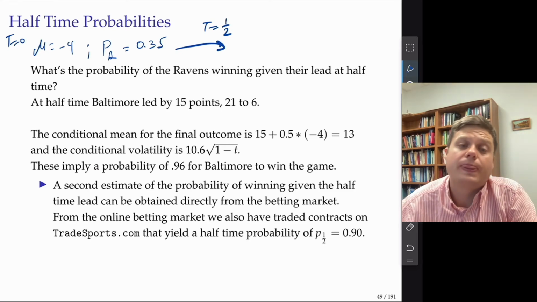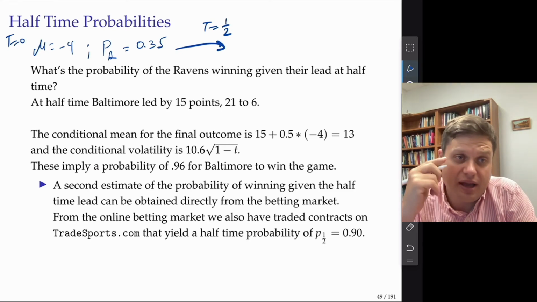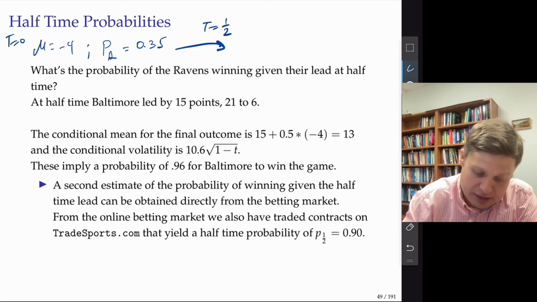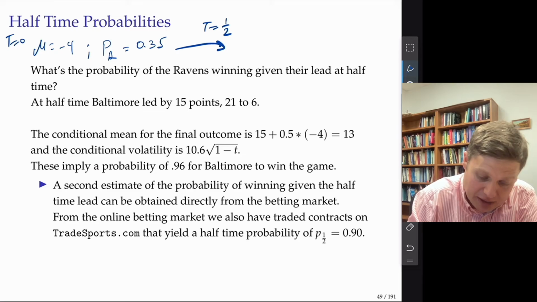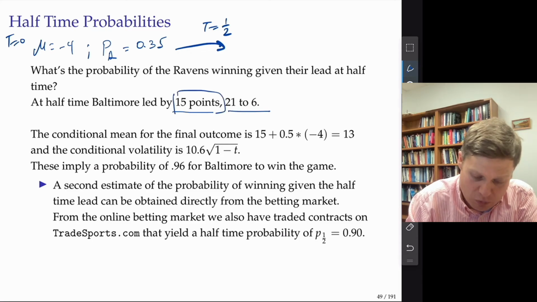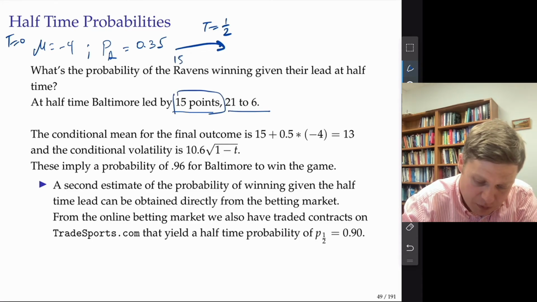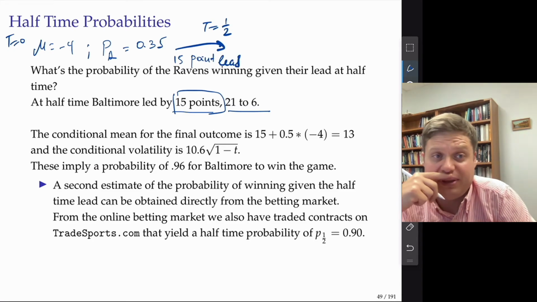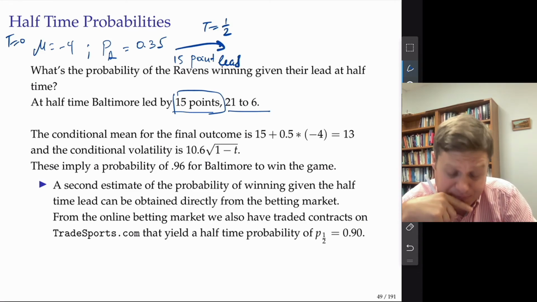So we want to update those values. And you remember at the halftime, the new piece of information that we're going to use to update the probabilities is that the Baltimore Ravens had a lead of 15 points. The score was 21-6. So we want to use this information that they have a 15-point lead now to update the probabilities of them winning.